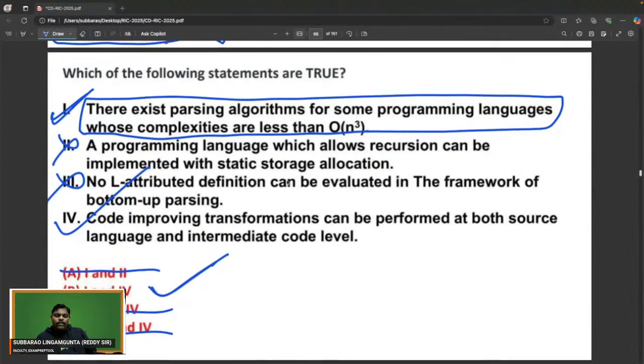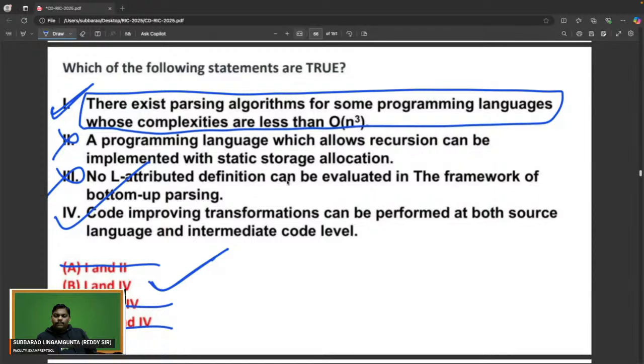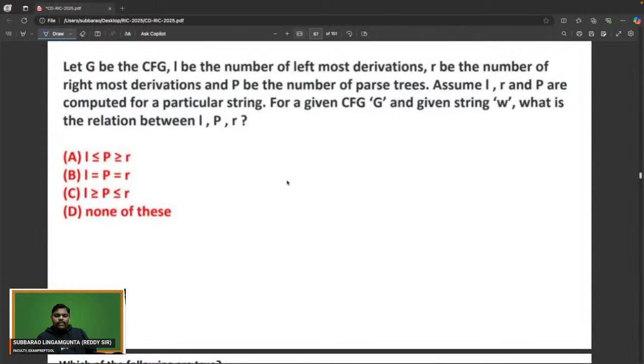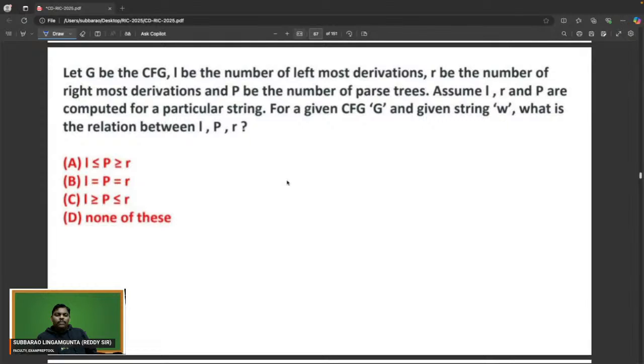Everyone try. Yeah, perfect. Let's move to next. Can you say what is the answer of this? It is a very interesting problem. Let's see how many people will give answer.